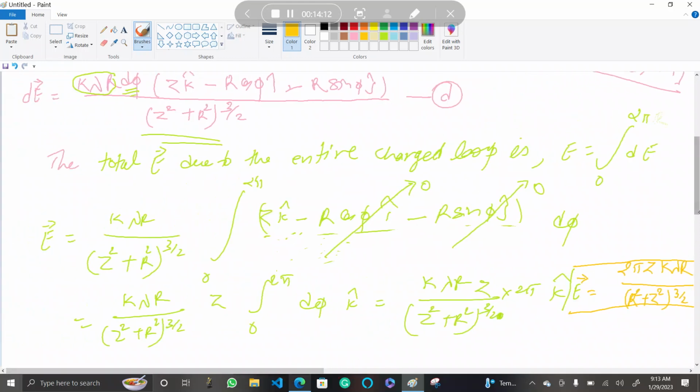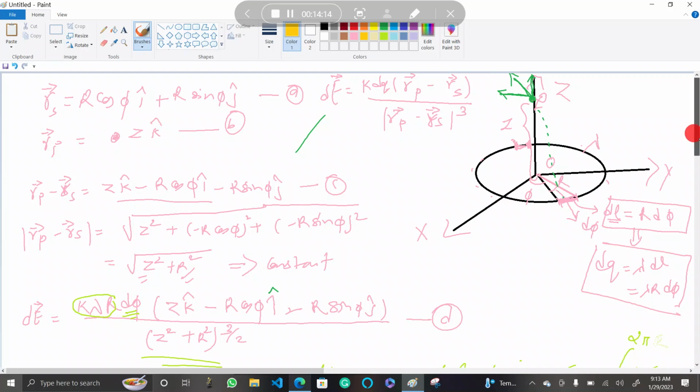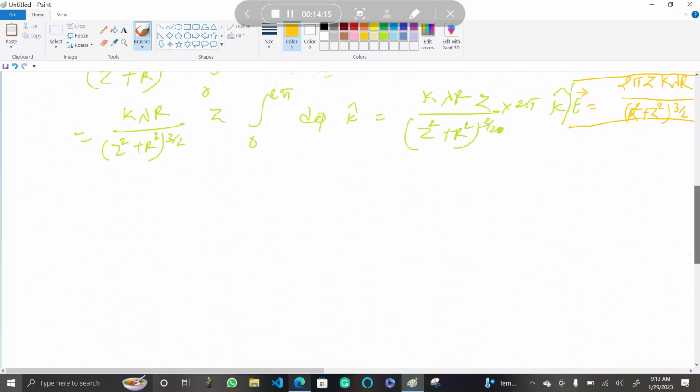This is the total electric field at a point z because of the circular loop.